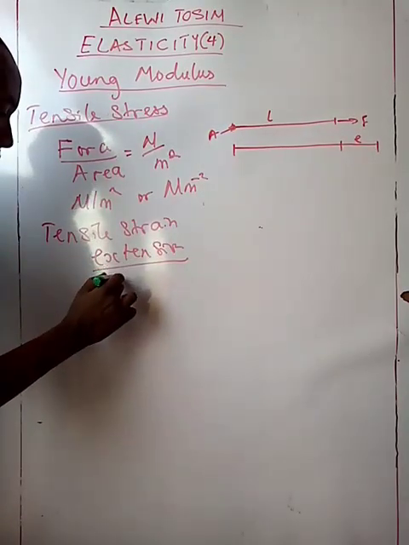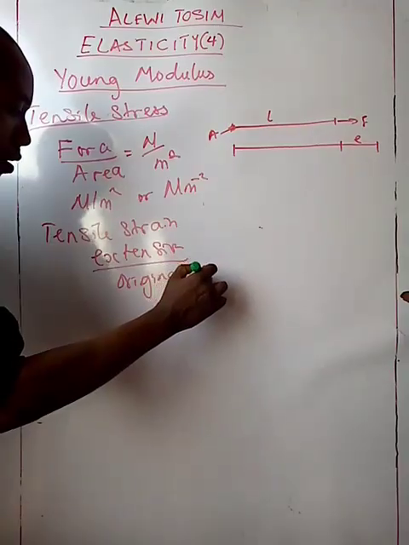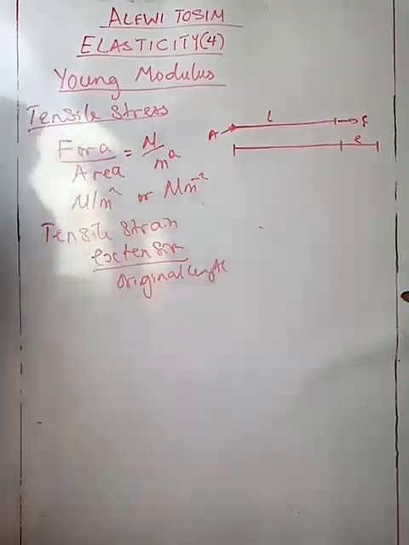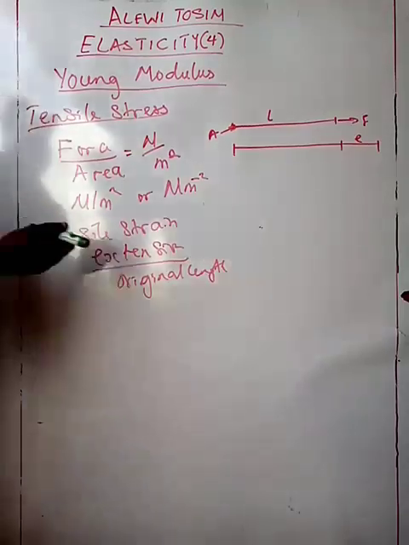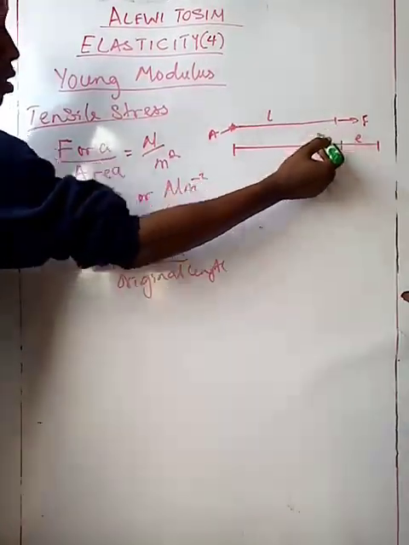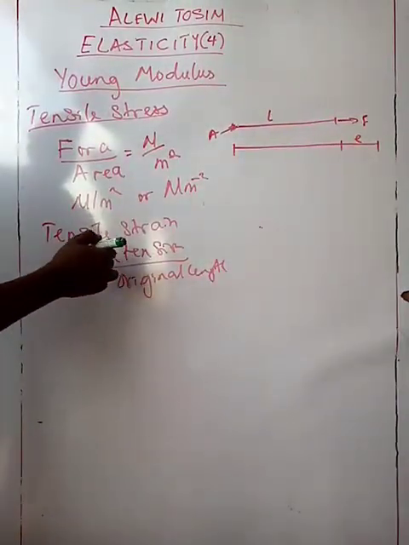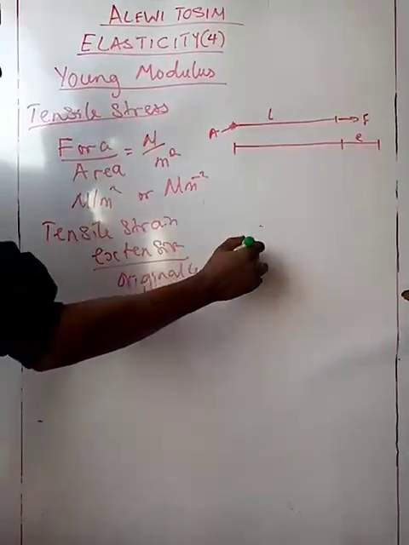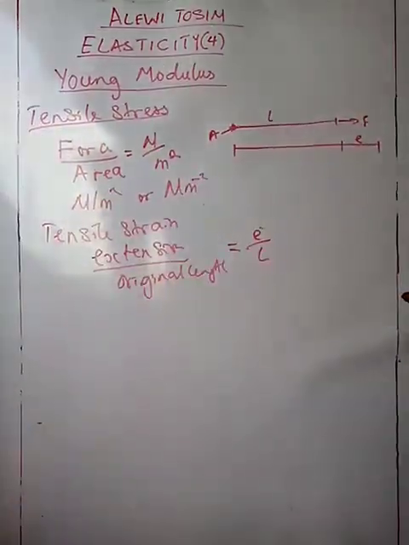This is our extension e, the increase in the length, and the original length is L. So our tensile strain can be written as e over L, where e is the extension and L is the original length.